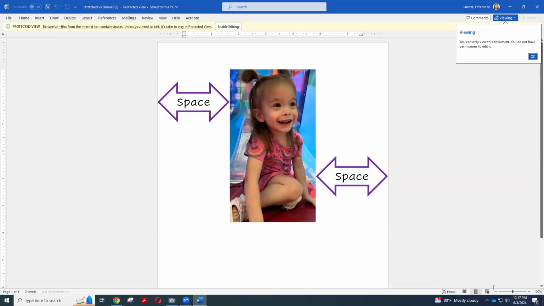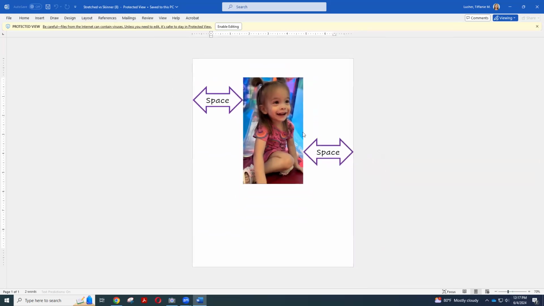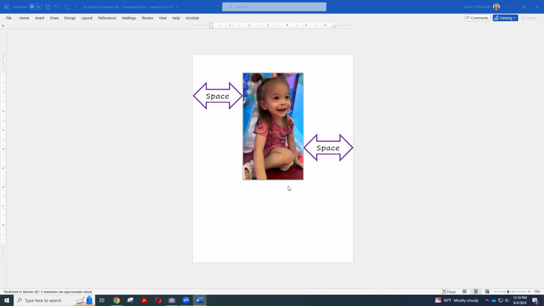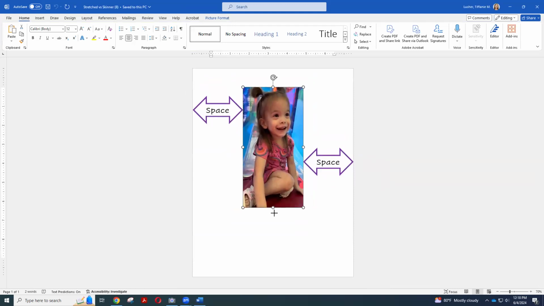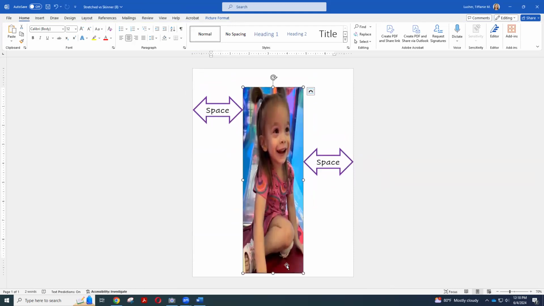If I take her beautiful picture and I stretch this, and let's enable editing, and I stretch this, she is not getting skinnier. That photo, these margins have not changed. She is not getting skinnier. I'm simply taking that picture and stretching it. It has nothing to do with the width at all.